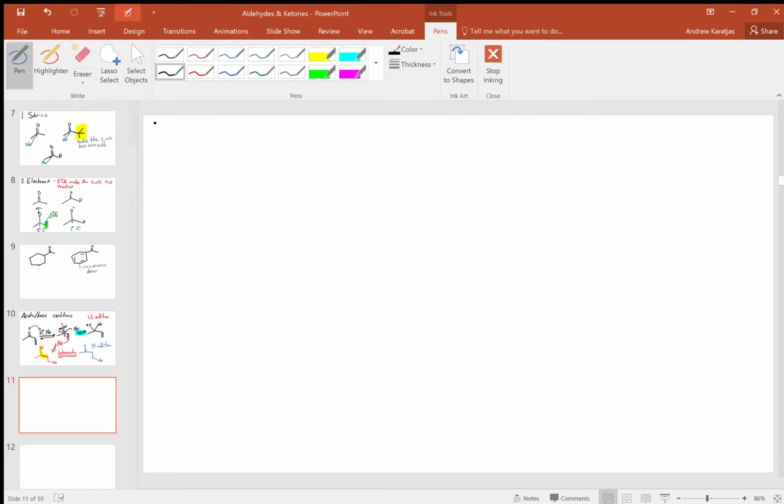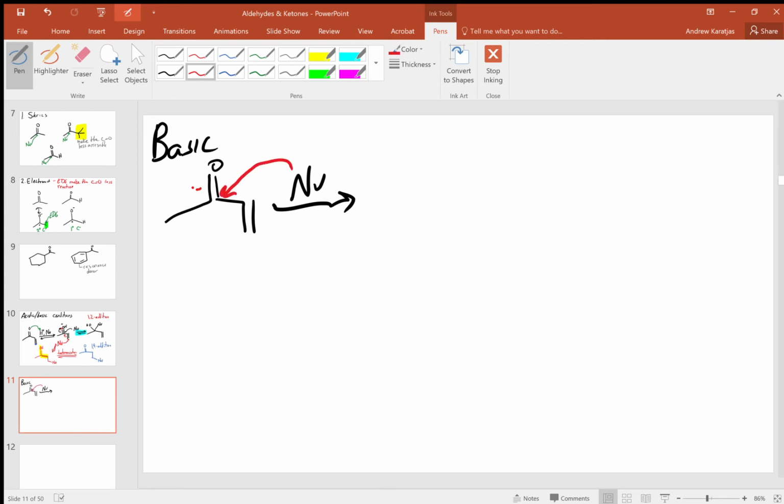The mechanisms are a little bit different, but it's mainly just a difference in the order of the steps. So we're just going to use a generic nucleophile here. And if this is going to be a 1,2, the nucleophile directly attacks the carbonyl.